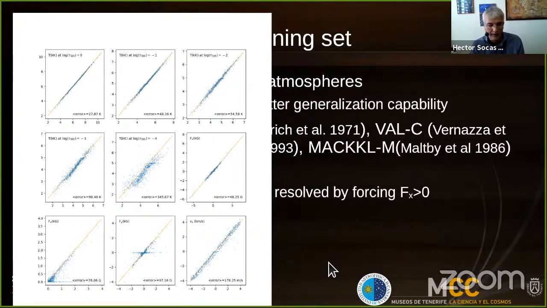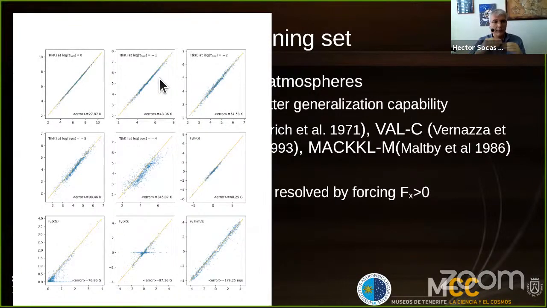So with this kind of tools, it's important to realize that a good performance with synthetic data does not guarantee that they're going to perform well when faced with real observations. So we did some tests with real observations, and for that, it's not easy, because what we are retrieving here is quite a bit of information about the thermal structure of the atmosphere.